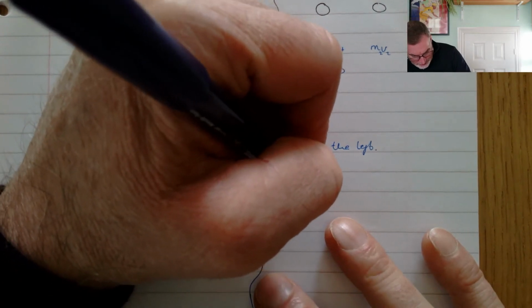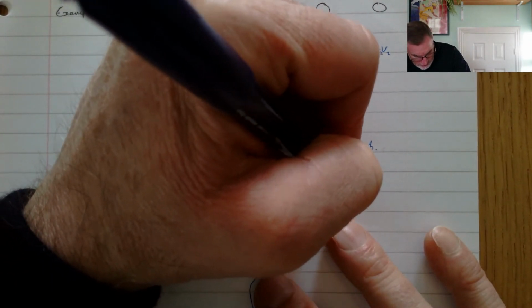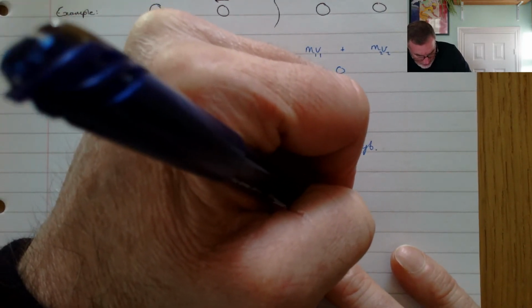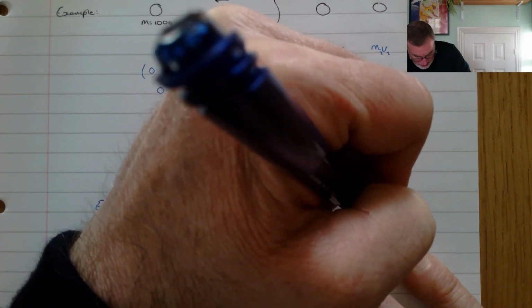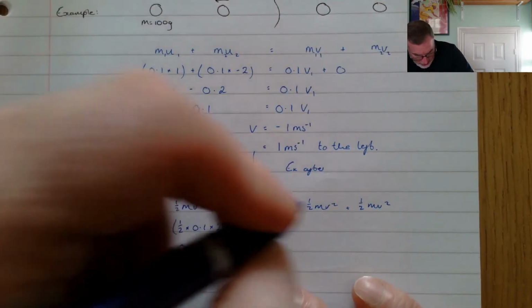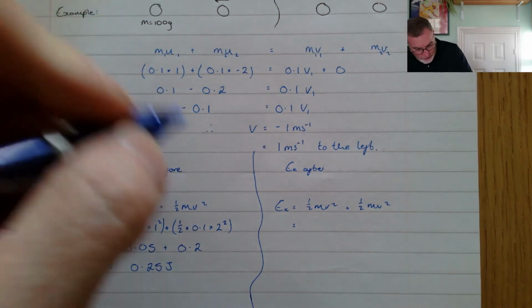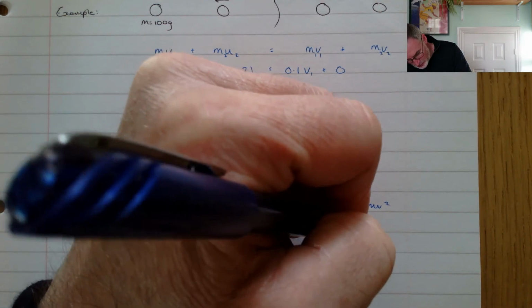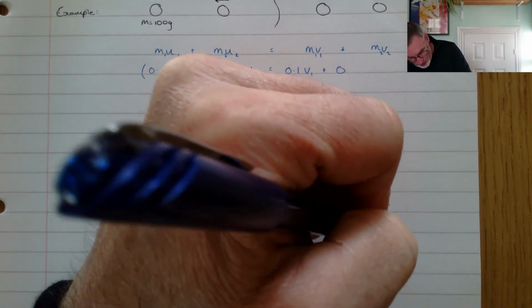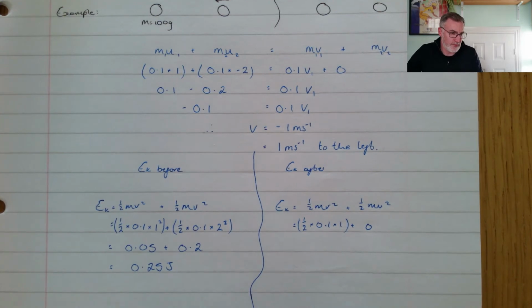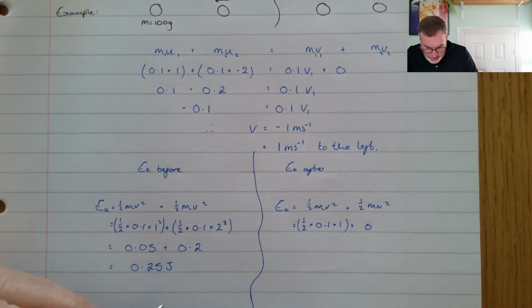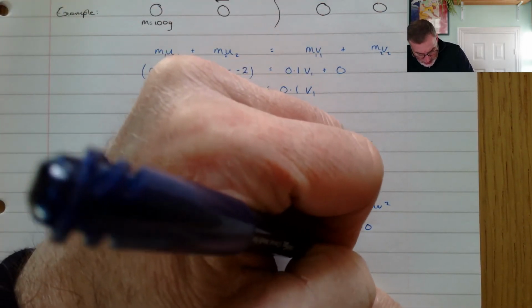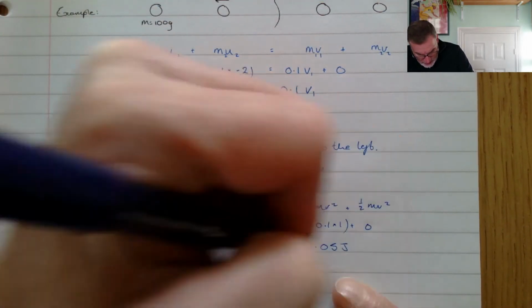EK after. EK is equal to half mv squared plus half mv squared, and then now we've got a half times 0.1 times 1 plus 0. If the velocity of this is 0, then EK is going to be 0, and that's just going to work out as 0.05 joules.